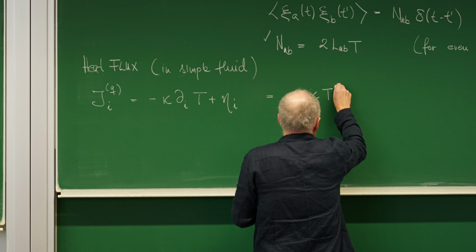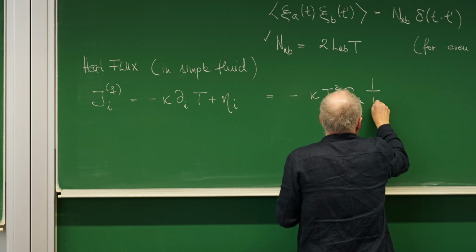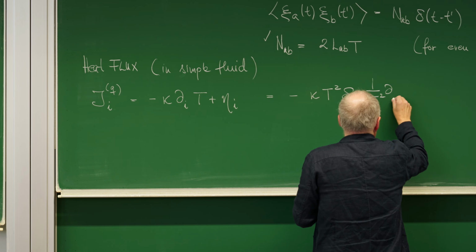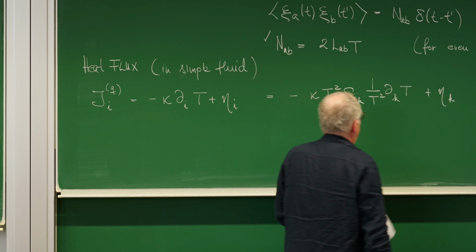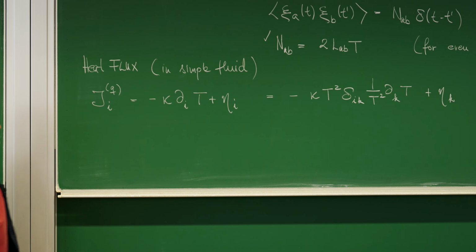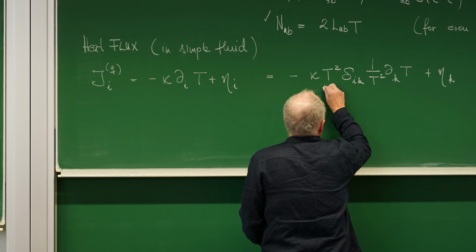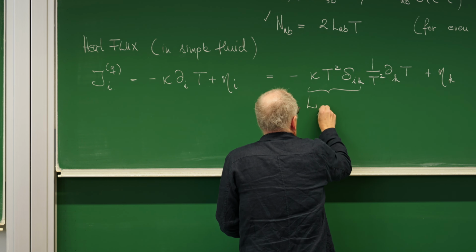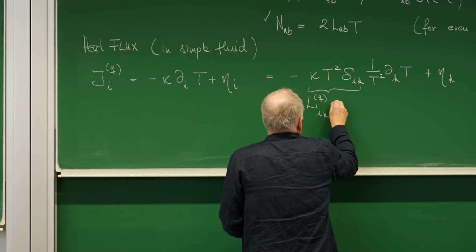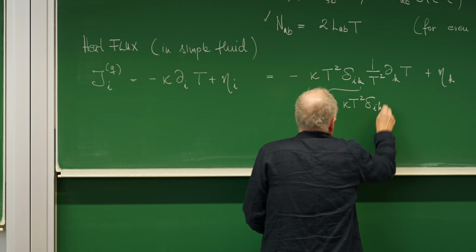So this is kappa T squared delta_ik, 1 over T squared, d_k T, plus eta_k. Now you see I have written it such that this is a function of the corresponding conjugate variable. And now I can read off the corresponding Onsager coefficient. So L_ik for the heat is kappa T squared delta_ik.